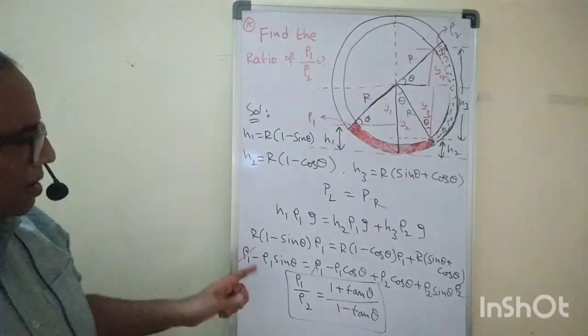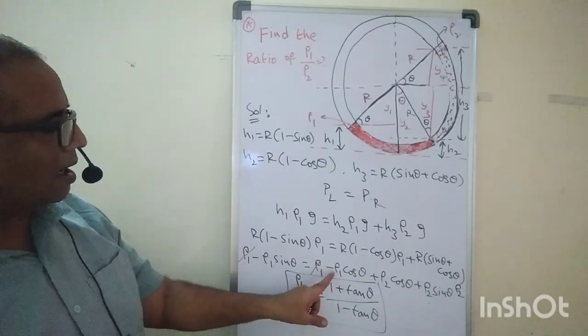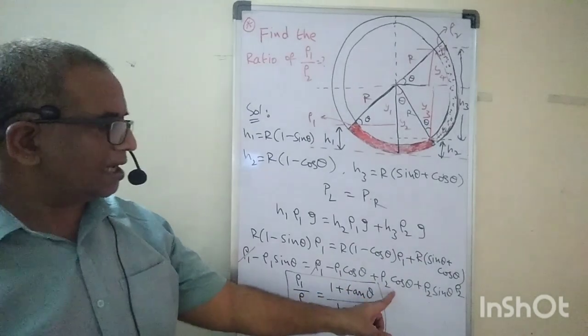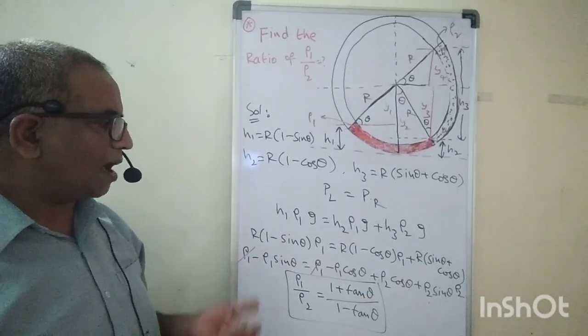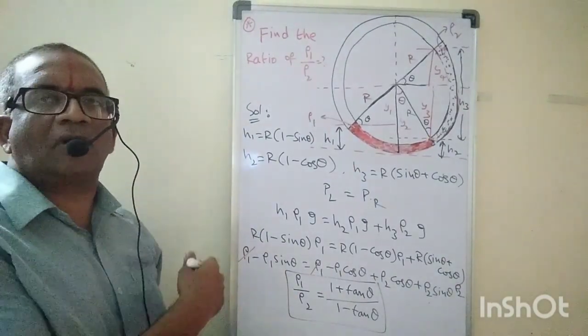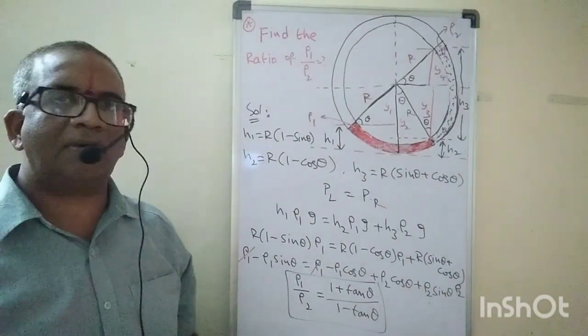See, it's very simple. You can bring the rho 1 cos theta to this side, and take rho 2 common. Then rho 1 by rho 2 equals cos theta plus sin theta by cos theta minus sin theta. Then remove cos theta everywhere, and you will get 1 plus tan theta by 1 minus tan theta.